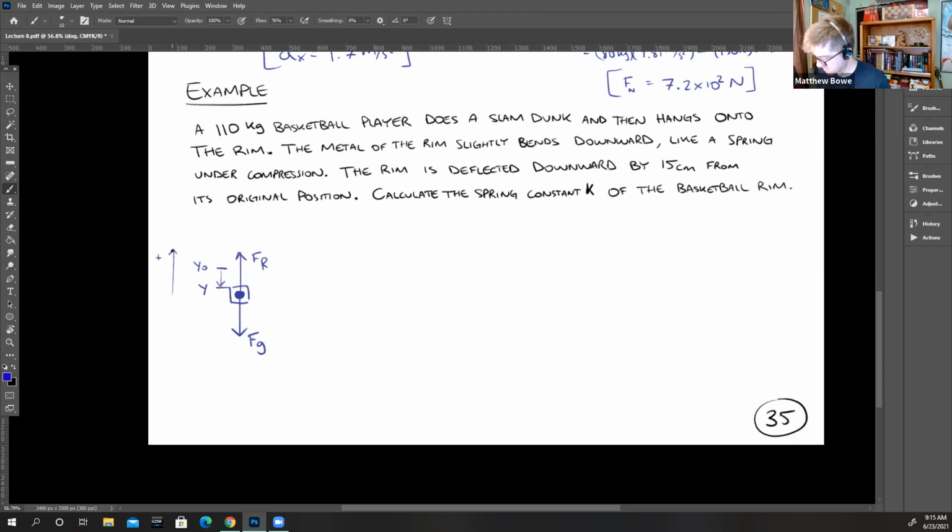Okay, so let's sum together all of the forces. In this case, it's a one-dimensional problem. It's only vertical; that's all we care about in this one. So we have the sum of the forces in the y direction.